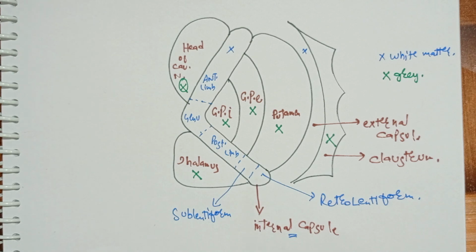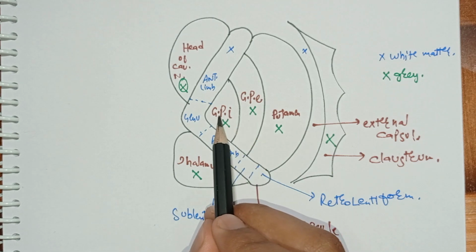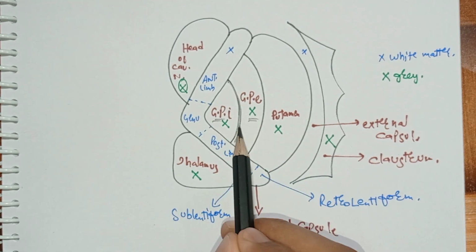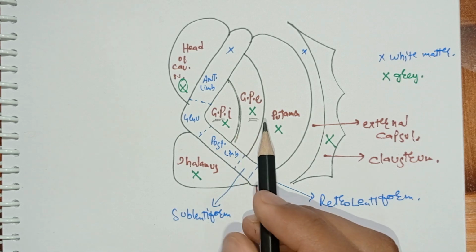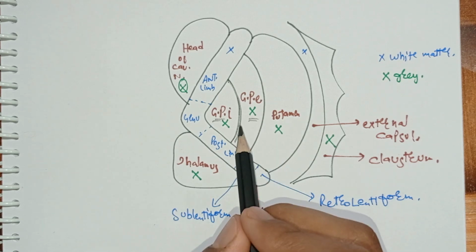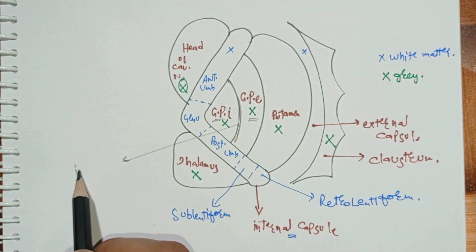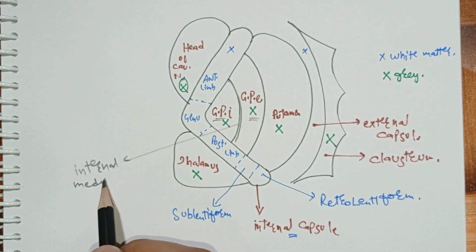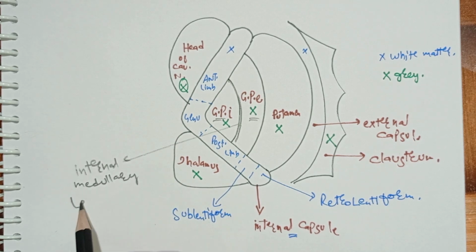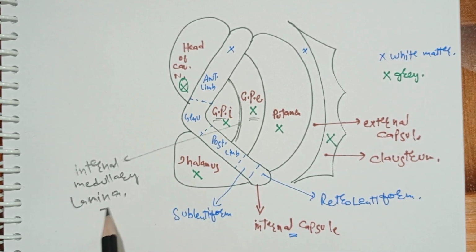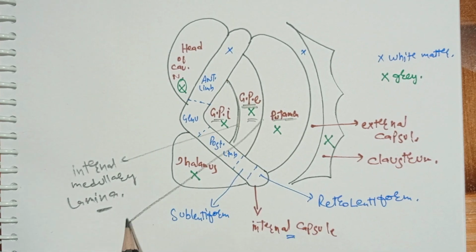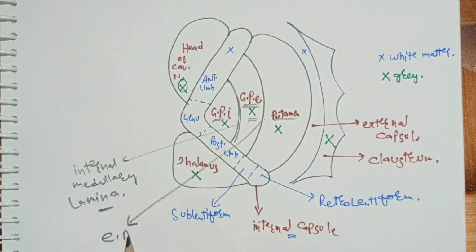And one more point. The demarcation between globus pallidus internus and globus pallidus externus is known as the internal medullary lamina. While the demarcation between globus pallidus externus and putamen is known as the external medullary lamina.